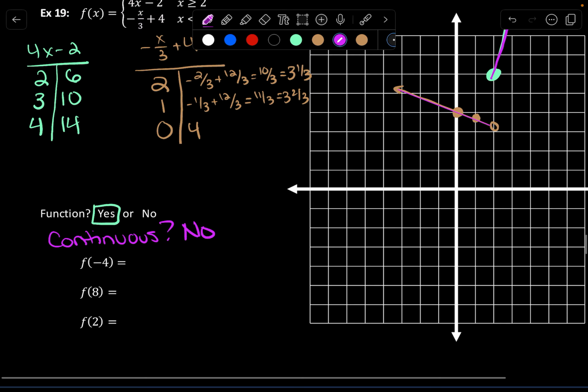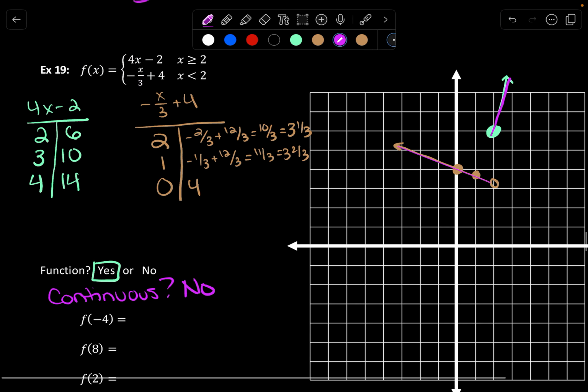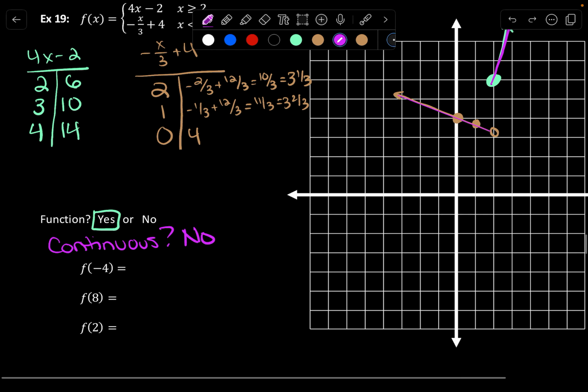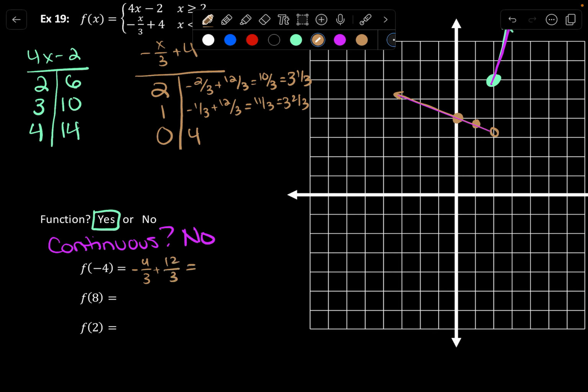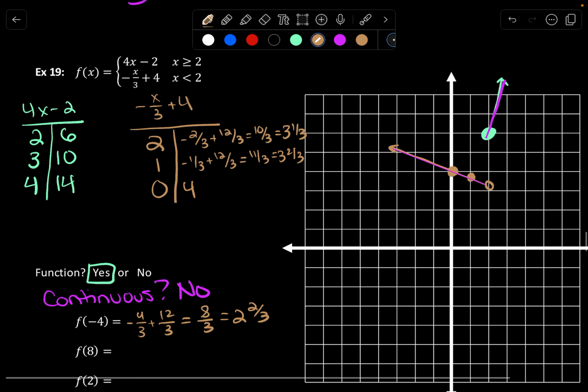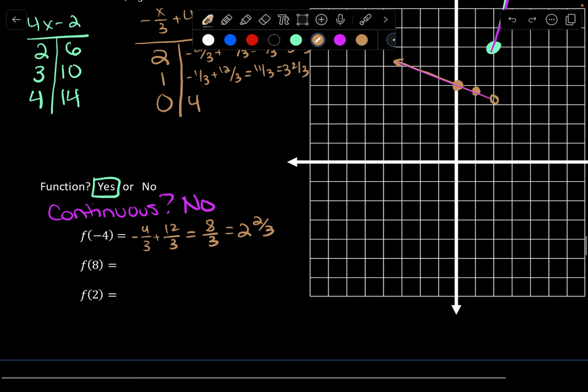When I plug in f of negative 4, I want to use the left side. So we're going to use negative x over 3 plus 4. So I'll go ahead and plug that in. So we'll have negative 4 over 3 plus, I'm going to use the 12/3 again. And then I have 8 over 3, which will be 2 2/3. For 8, I want to use the function when x is greater than 2, so 4x minus 2.